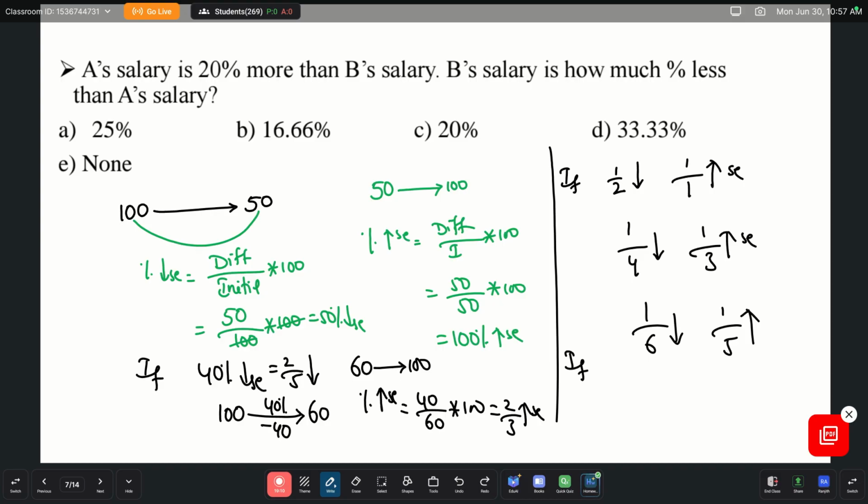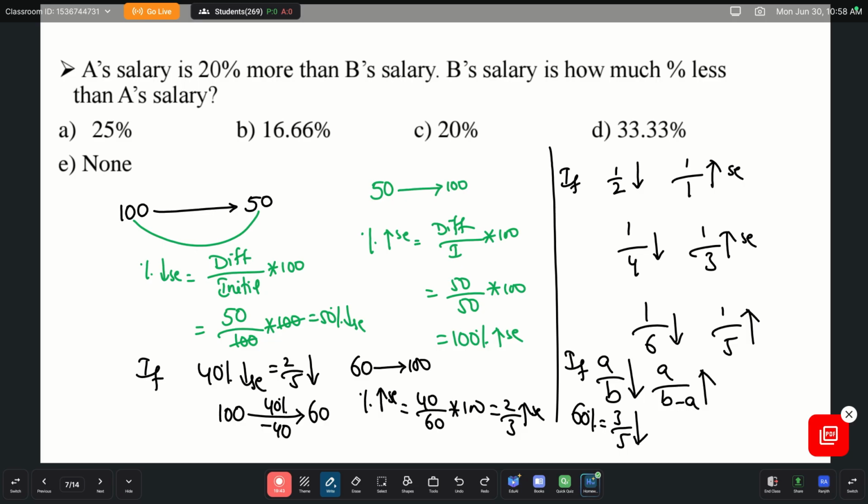If A by B is decrease, like 2 by 5 is decrease, 2 by 3 has to be increase. It's nothing but A by B minus A is increase. 2 by 5 is decrease, 2 by 3 has to be increase. 60 percentage is decrease. 60 percentage equals 3 by 5. 3 by 5 is decrease.